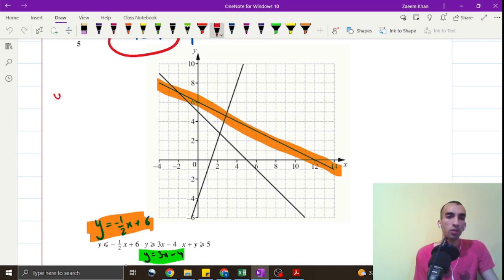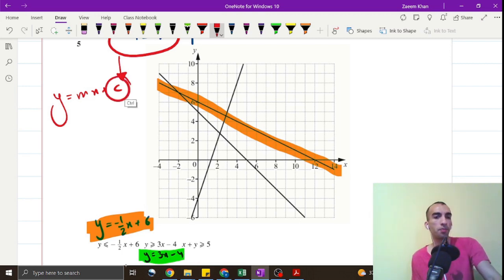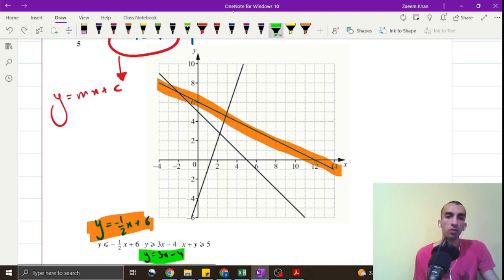Remember, y is equal to mx plus c. The foremost thing that you're supposed to look for is the last number. The one going to minus 4.